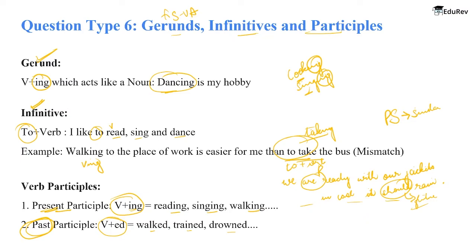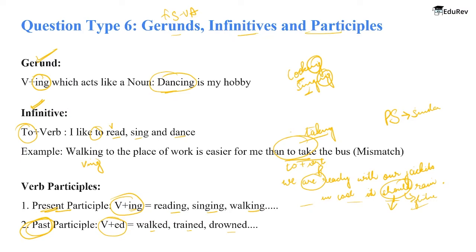In case it rains, and should here should not be present, as should is the future form and the first verb is present. So all the verbs should also be in the present form or past form depending on the context. So every question type revolves around one another, but you have to be very careful with these rules so that you can solve the questions which are going to be present in your exams.